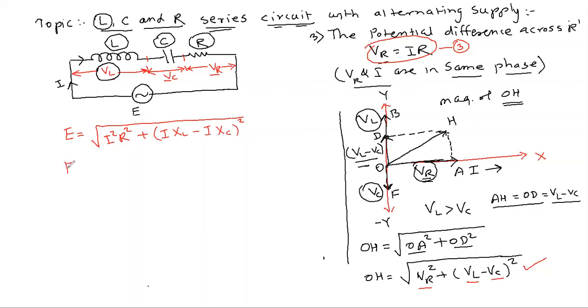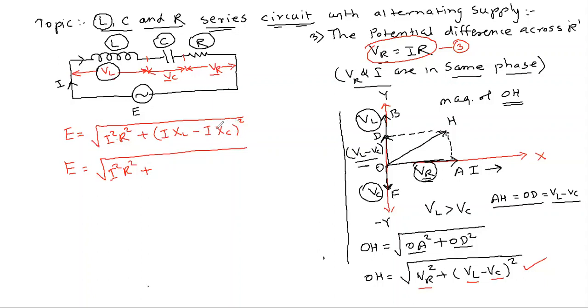So E is equal to, here some students are also committing a mistake. What is that mistake I am telling you? Here you can write square root of I square R square, it's okay up to this one, plus, now from this bracket you have to take out the common. Which one will you take?